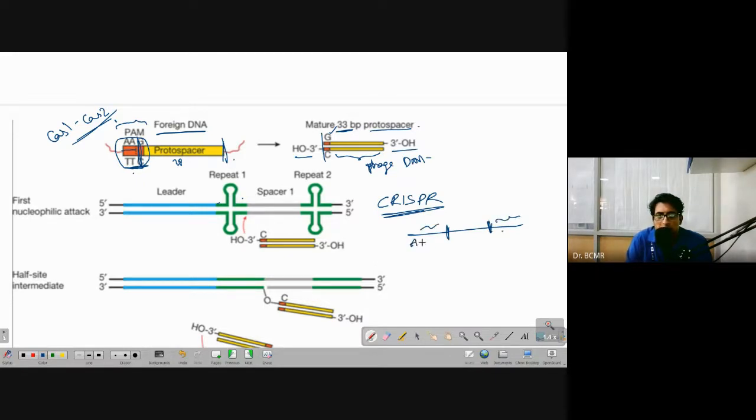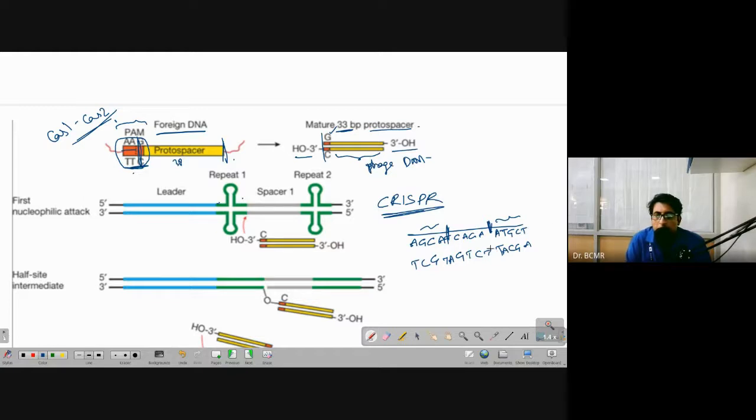So if there is, I'm just making up, GACAT, then the complementary strand would have been the opposite, ATGCT. So this sequence is ATGCT.